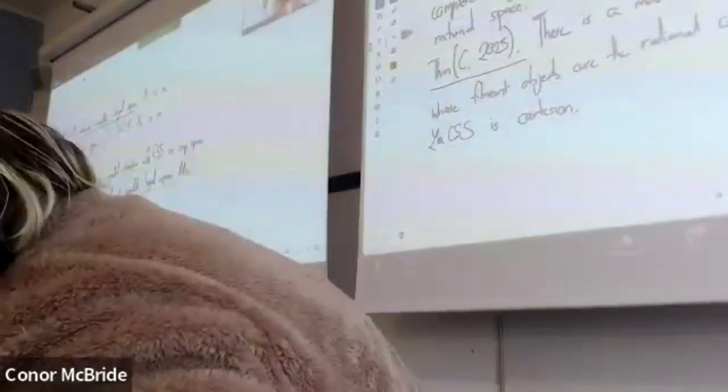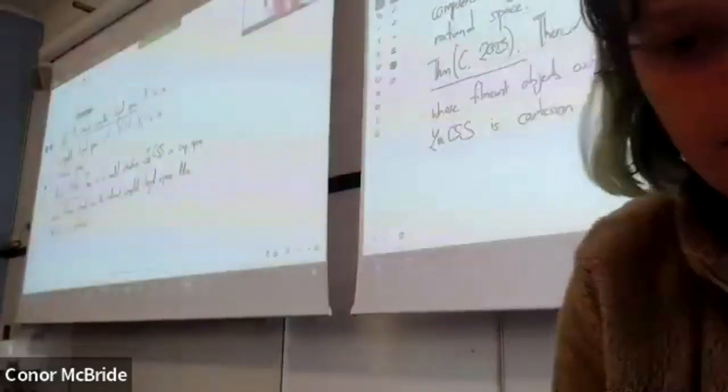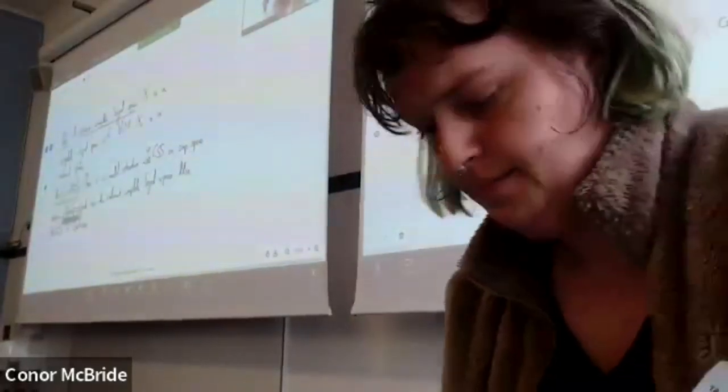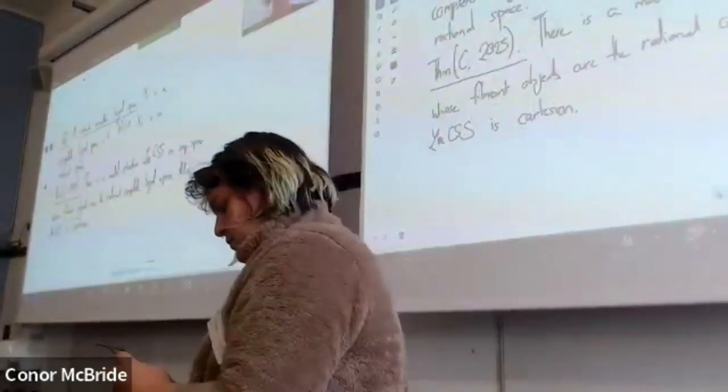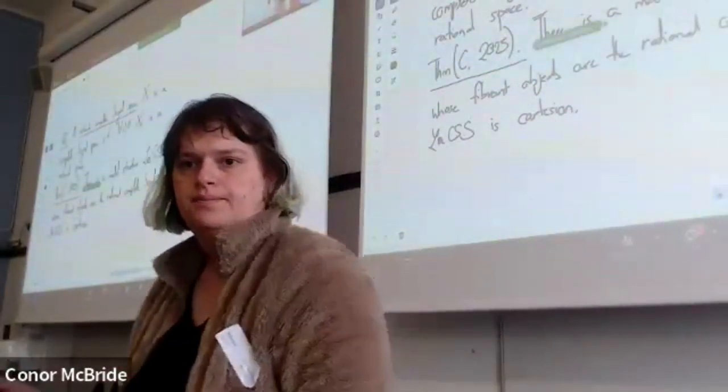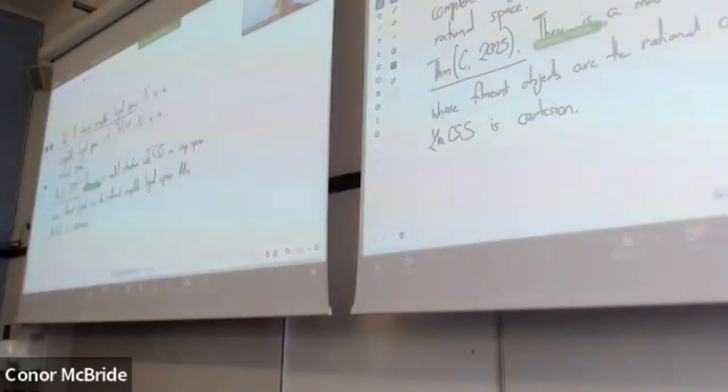Thank you very much. Are there any questions? Yeah, thanks. Do you expect that these rational complete Segal spaces could, using some kind of strictification, be turned into categories enriched over differential graded algebras over the rationals?